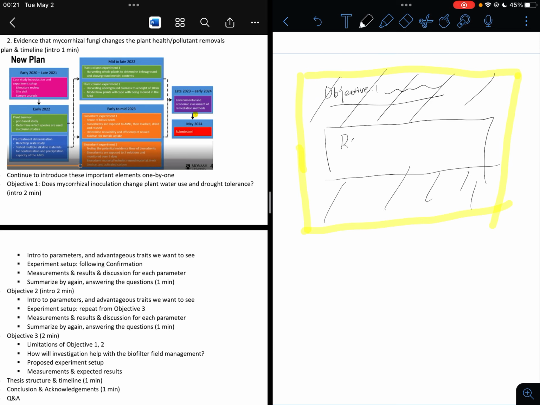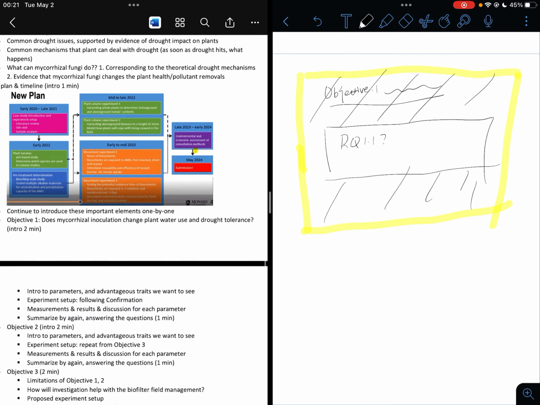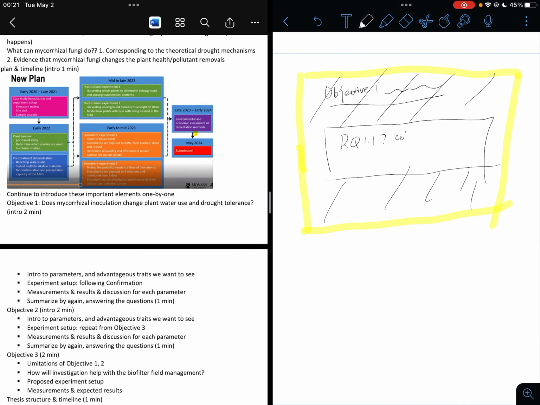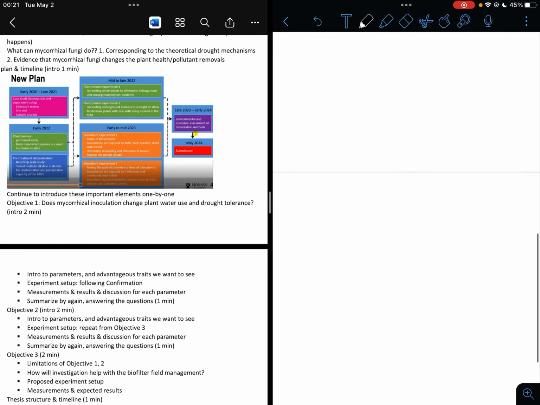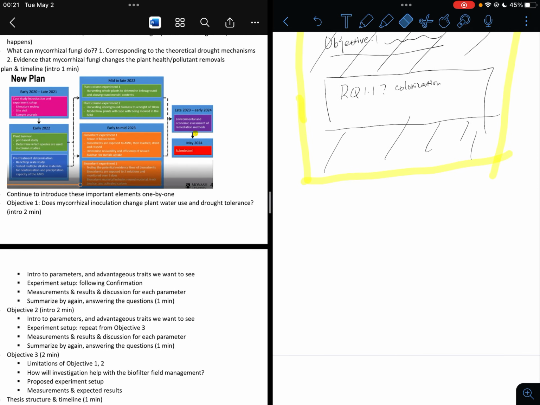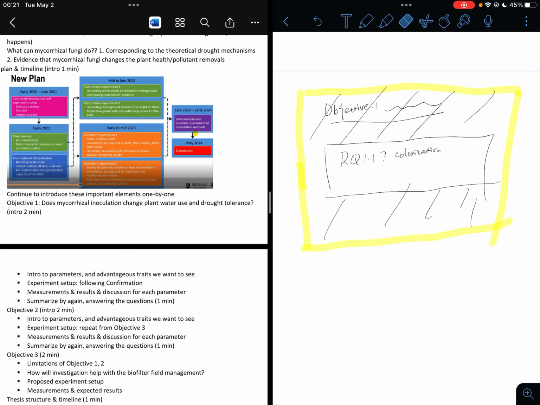So research question 1.1, right? I think question 1 for our case was the colonization rates. Like, does it achieve in the hyphae? After that pops up, we will remove it. The whole thing goes away, and then we try to solve the problem for objective 1.